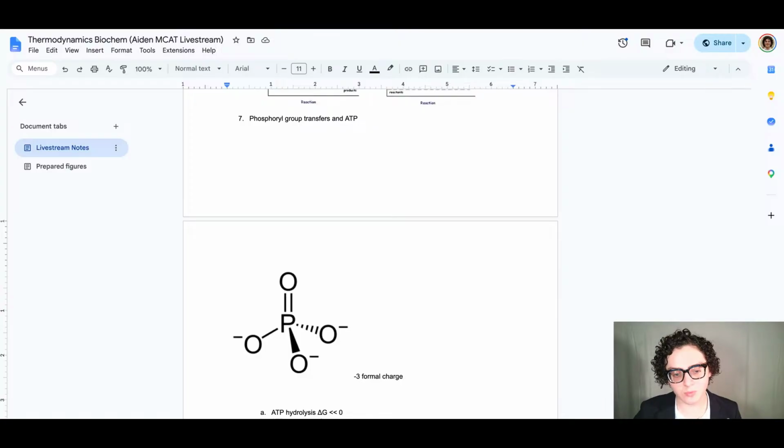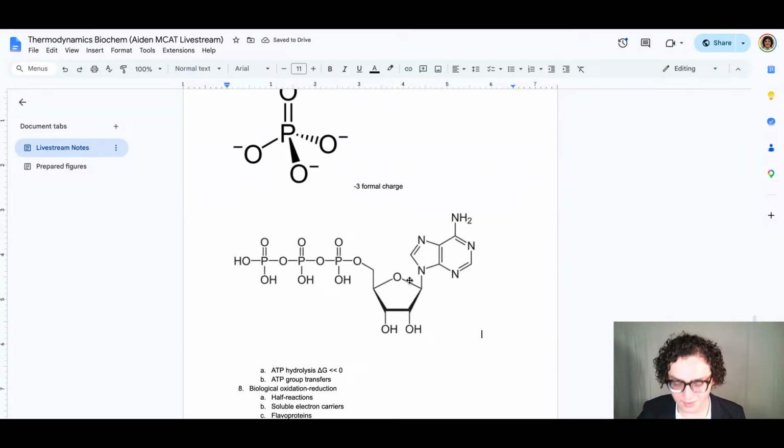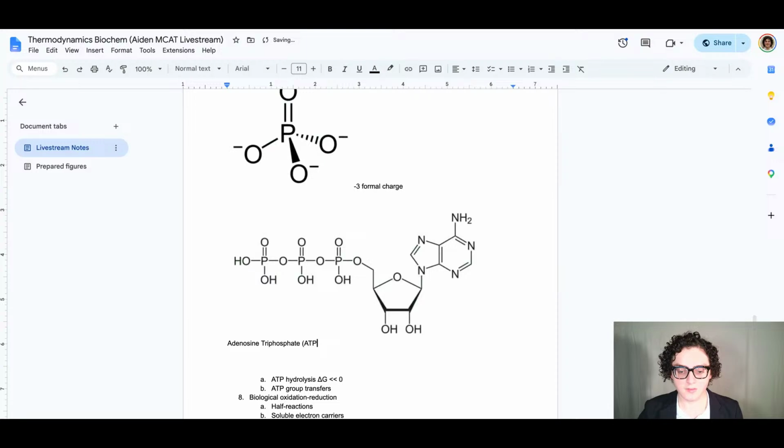The most famous one of these biological molecules is this guy. I'm getting a diagram of it. And here we go. Adenosine triphosphate, ATP. So this is the energy currency of the body, as it so happens. This is a nucleoside triphosphate.